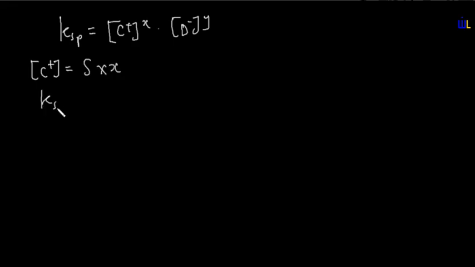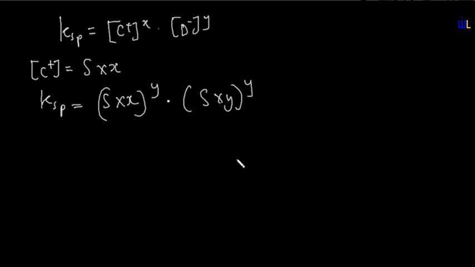So anywhere I see C, concentration of C, I'm going to put S times x. Remember that it is still raised to the power x. Anywhere I see D, I'm going to put S times y, still raised to the power y. Are you following?